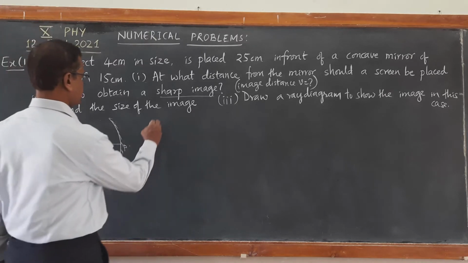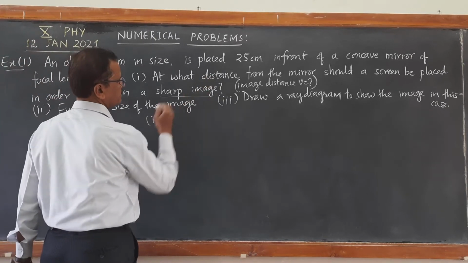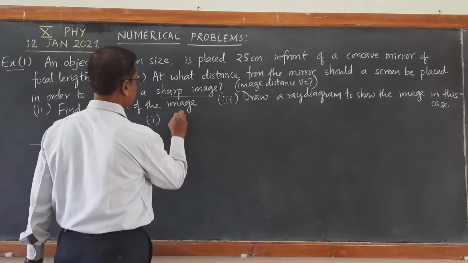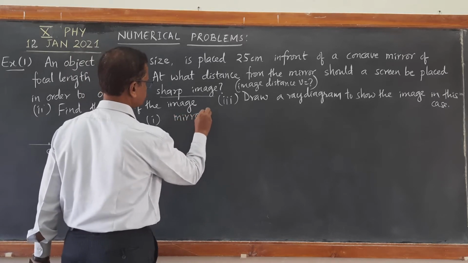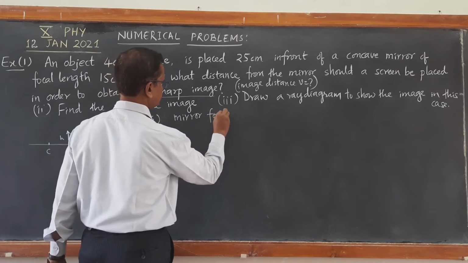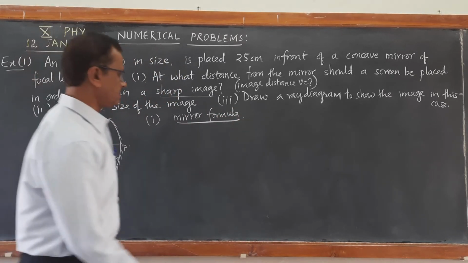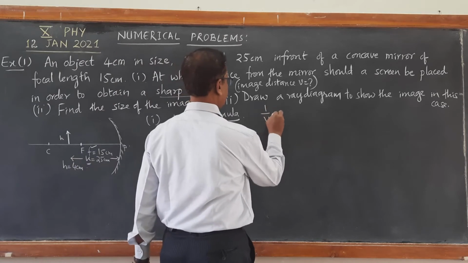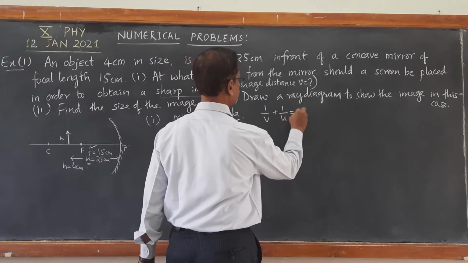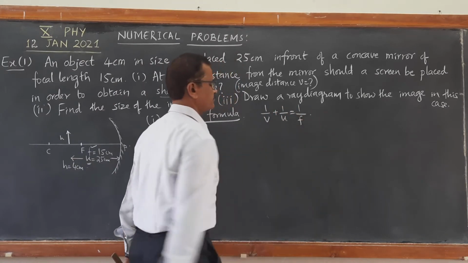Simple. First one. To calculate the image distance, we must use the mirror formula. We have solved such kind of problems already. What is the mirror formula? 1 by v plus 1 by u is equal to 1 by f.